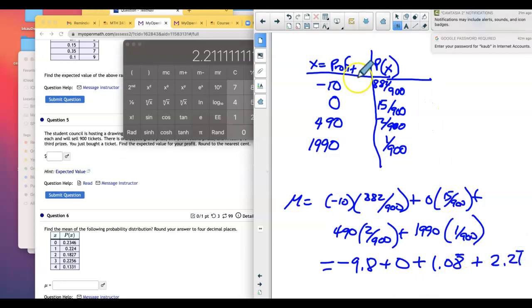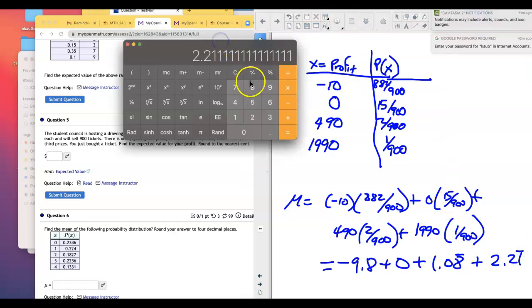Okay, so let's add them up. We have plus 1.08 repeating, plus 2.21 repeating, which is 3.3 repeating, plus a negative 9.8. So we get negative 6.5.